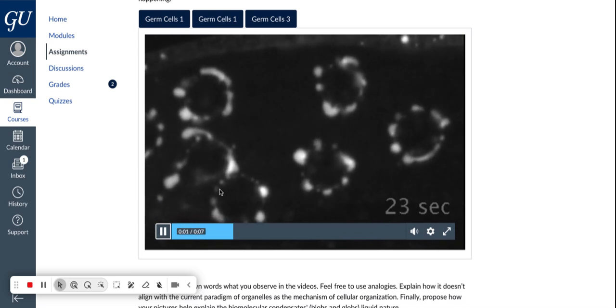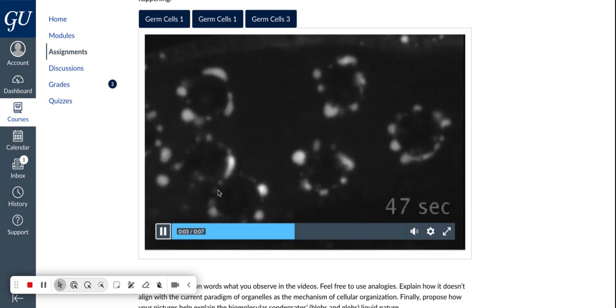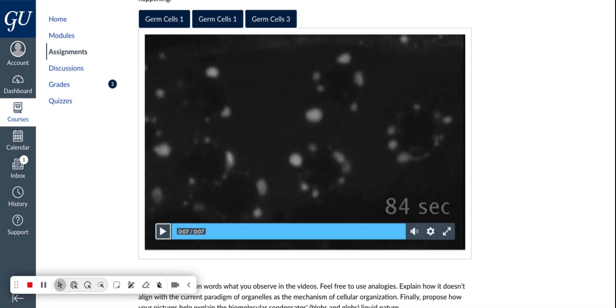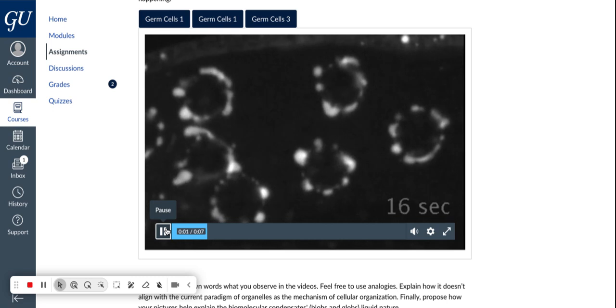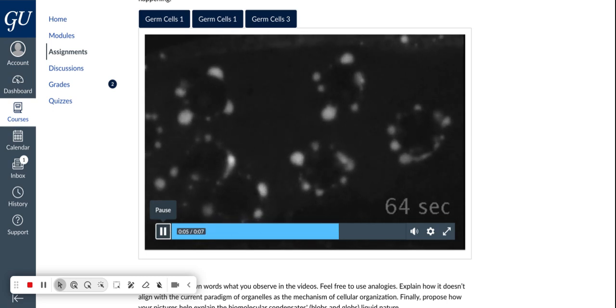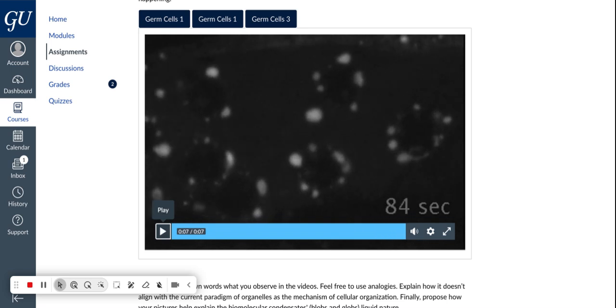What we're seeing, and this possibly could be evidence of, is the fact that most of the organelles that we know of are membrane bound. What that means is that organelles like the nucleus, the endoplasmic reticulum, the Golgi apparatus, etc., have outer components that are membrane bound. That means that they're surrounded by phospholipid bilayer membranes.